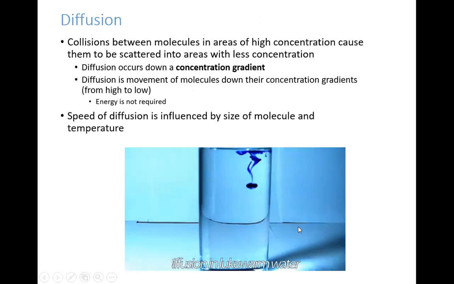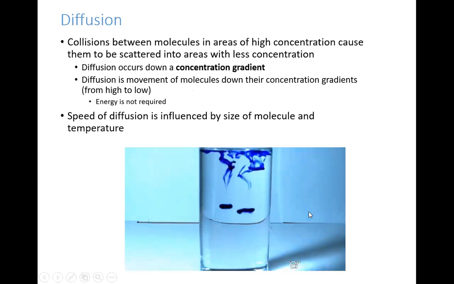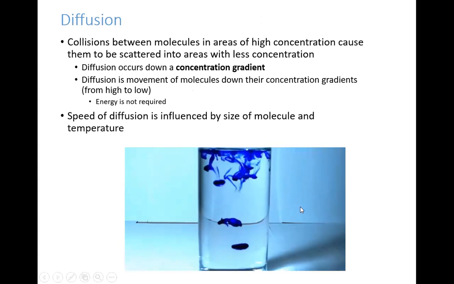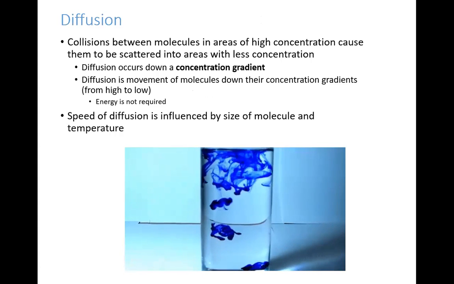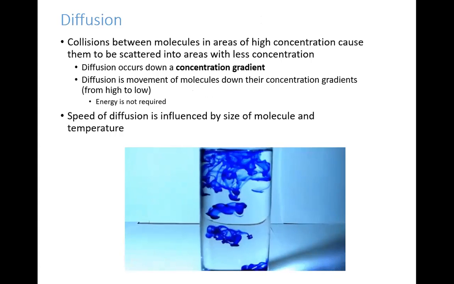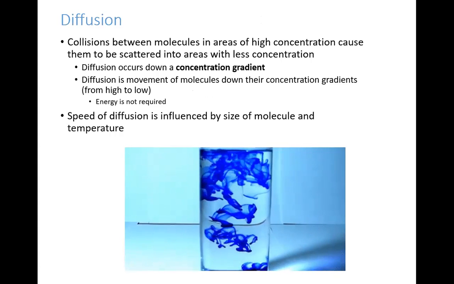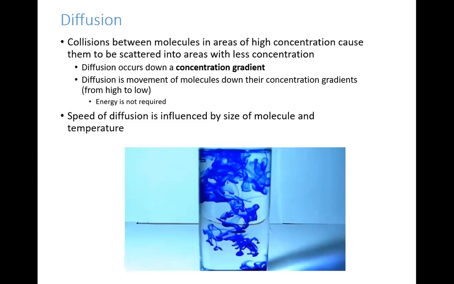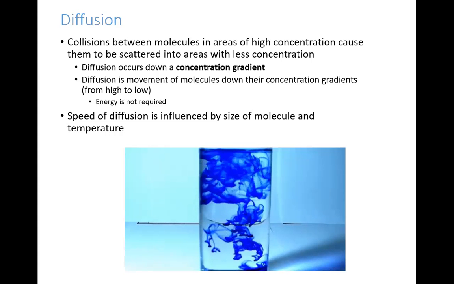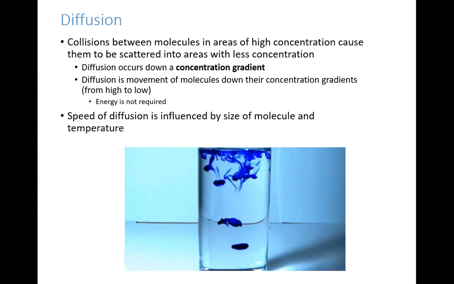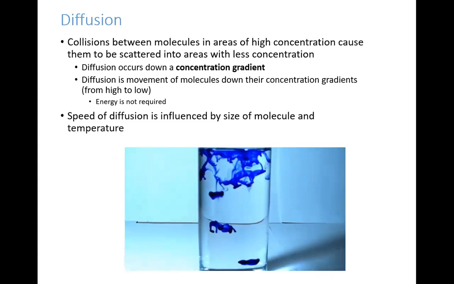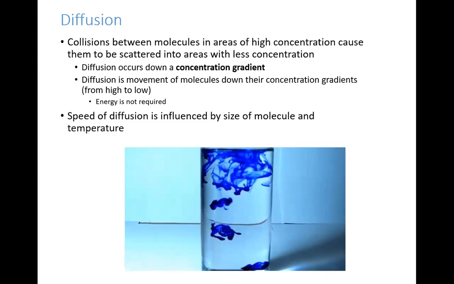And this will be the last thing I'll show you. This is simple diffusion. We added dye to a solution, to water, and eventually we have a high concentration near the top where the dye went in, and eventually we reach equilibrium. The movement of the water molecules spreads the dye around until equilibrium is reached.